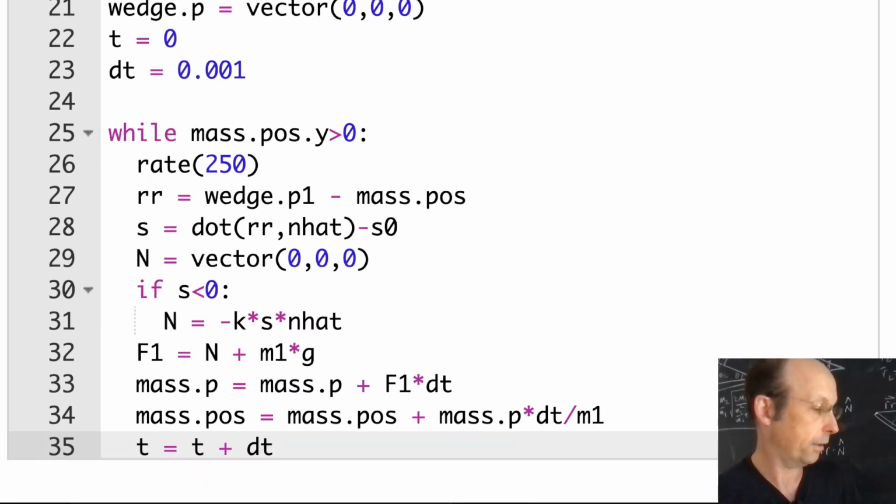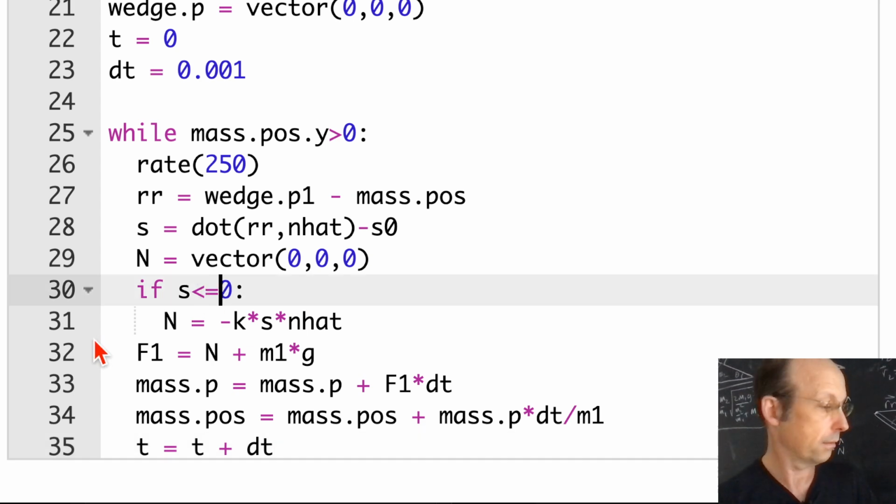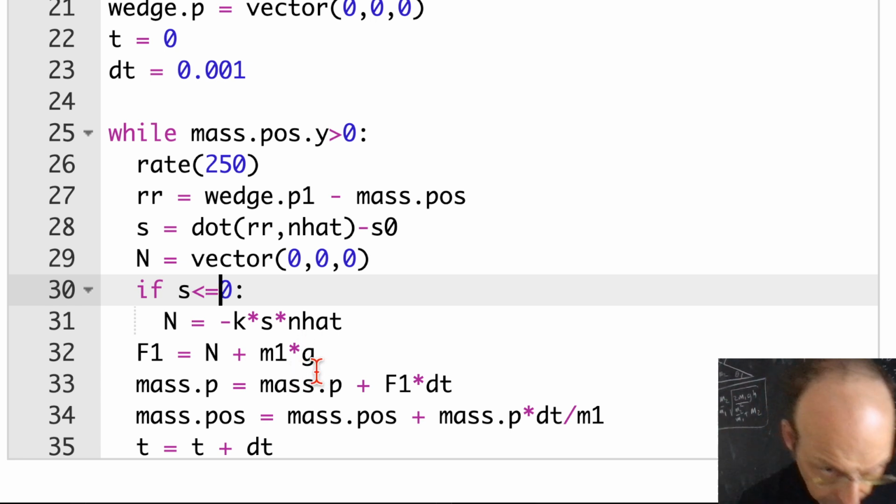What the heck happened? S is the dot product of RR minus S0 with n hat, and if it's less than or equal to 0, N is negative K S n hat.